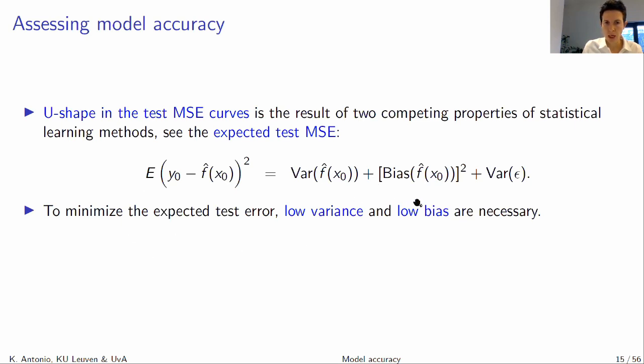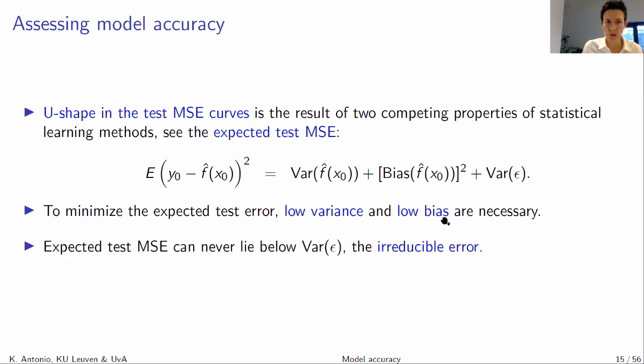So to get a small value here, you need low variance, you need low bias at the same time. And we know that this test mean squared error can never go below the variability of the epsilon, the irreducible error. But these two first components, that's something we can work on by playing around with the level of complexity and flexibility of our predictive model.